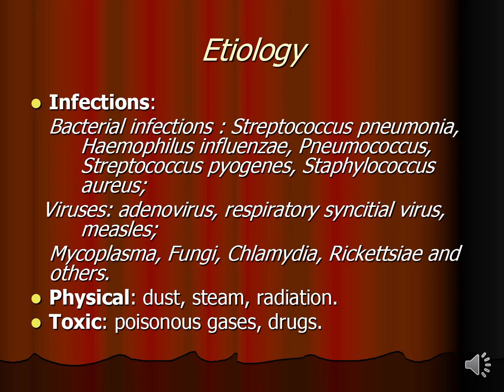The first are infections like bacterial infections: Streptococcus pneumoniae, Haemophilus influenzae, pneumococcus, Streptococcus pyogenes, Staphylococcus aureus; viruses like adenovirus, respiratory syncytial virus, measles. Also, we must remember about mycoplasma, fungi, chlamydia, rickettsia, and others. Physical factors like dust, steam, radiation, and toxic factors like poisonous gases and drugs.